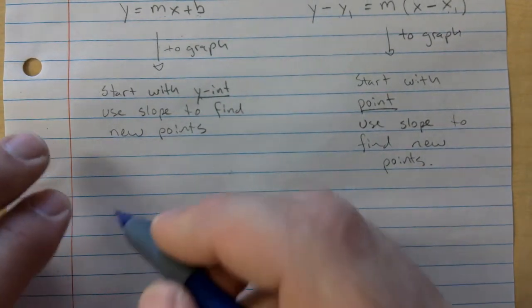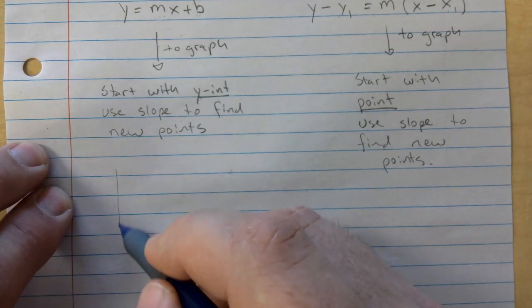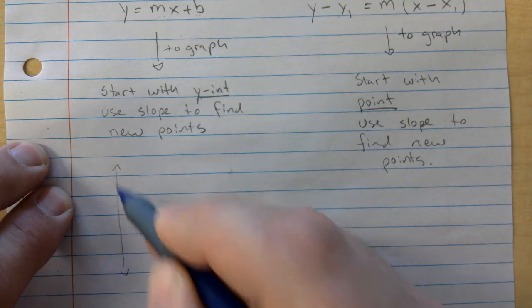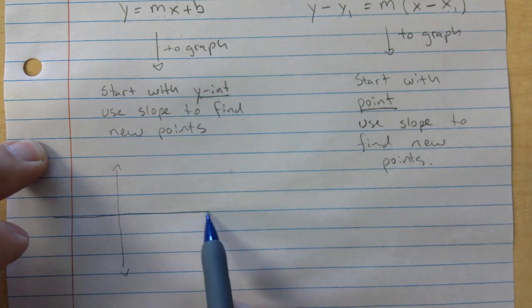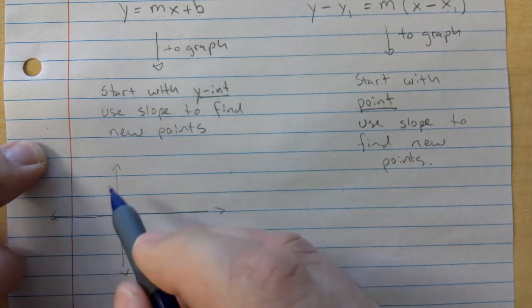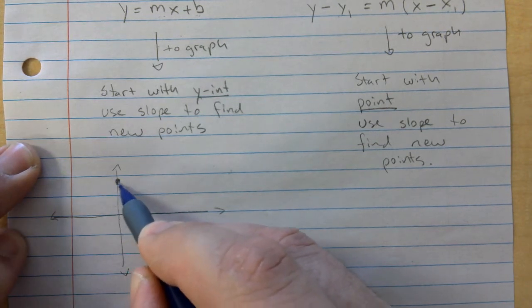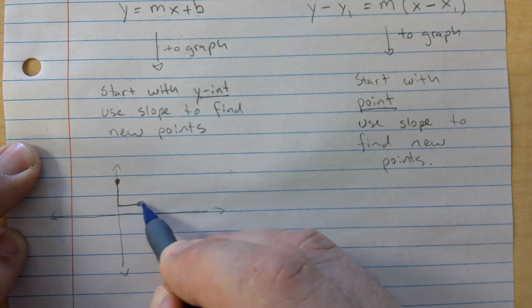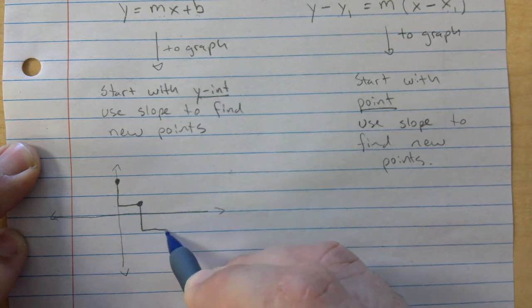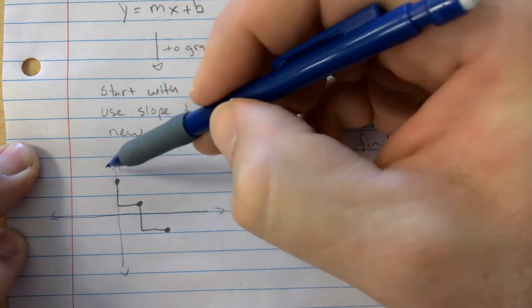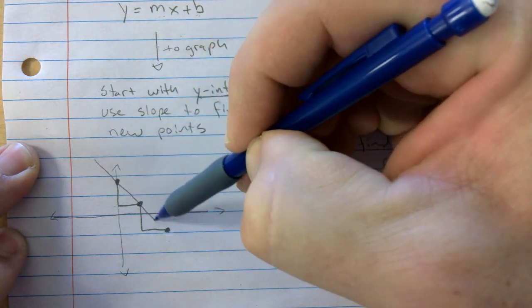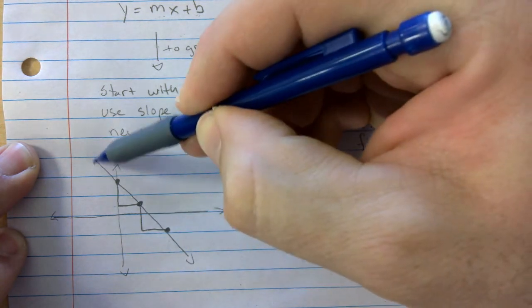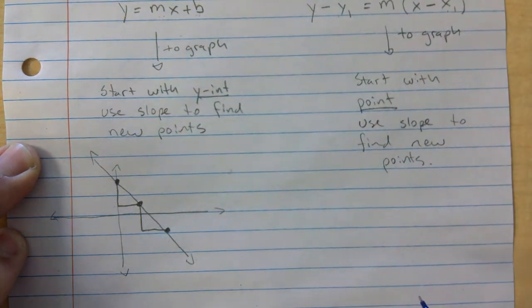So in this, I'm just going to give you a visual here. You may start up here, and then you're going to go either down and over to get another point, right? Down and over to get the other point. And then you have enough to graph, right? Use a straight edge on a test. Right now you're just doing notes.